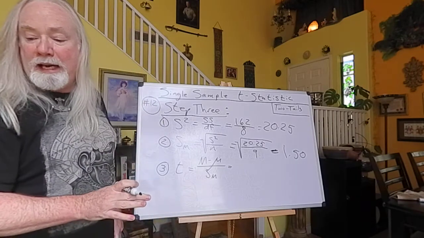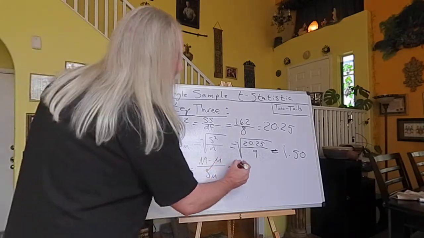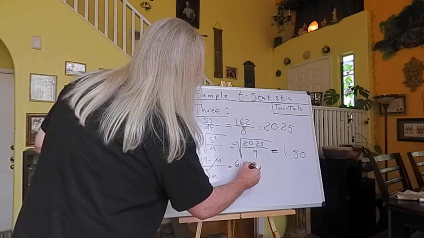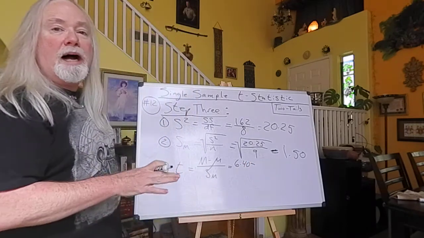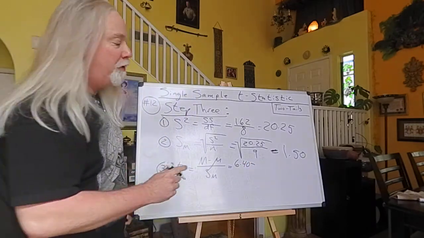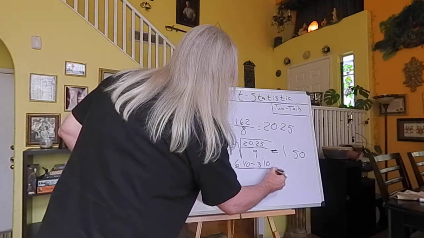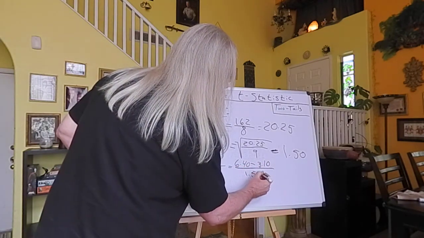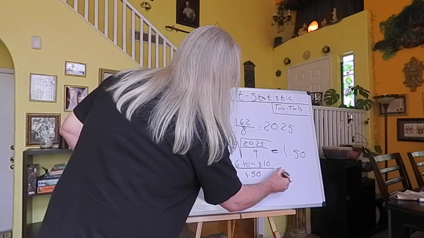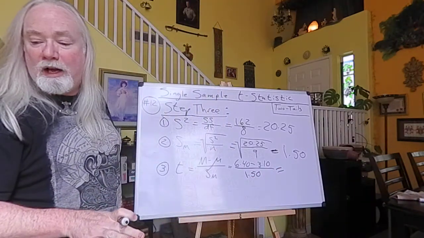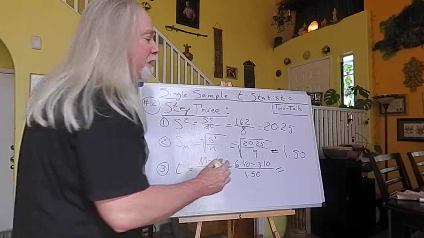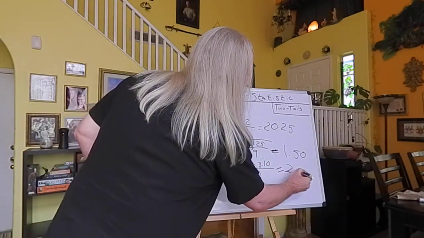So the sample mean was 6.4. The population mean, we know, was 3.1. And our error was 1.5. So when we calculate all of that, we find that our T-statistic is 2.20.